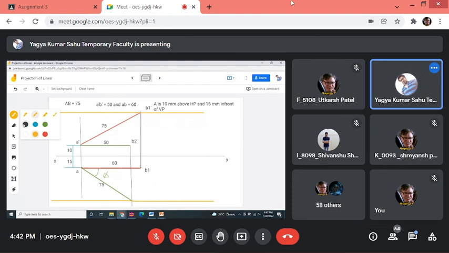Rotate the views to the required position. Okay. So A dash B dash को rotate करो and find out the final position, like this. Okay, and draw the final length.